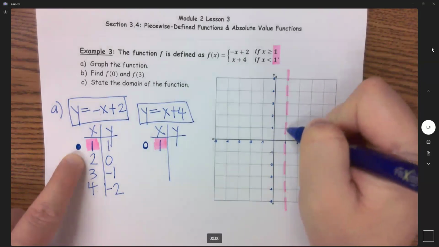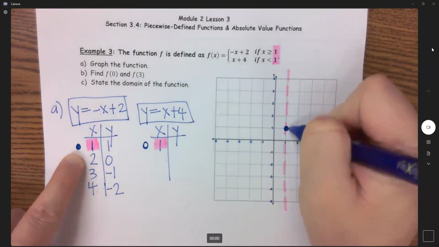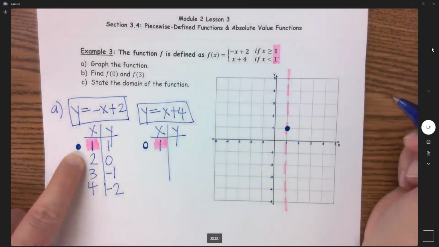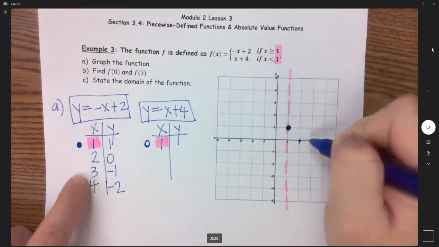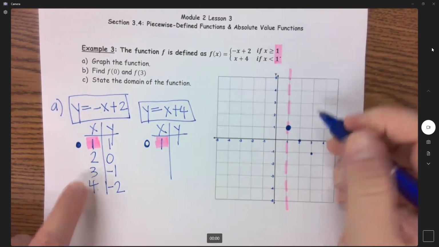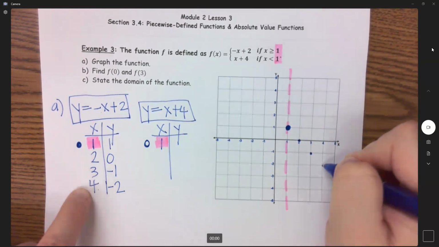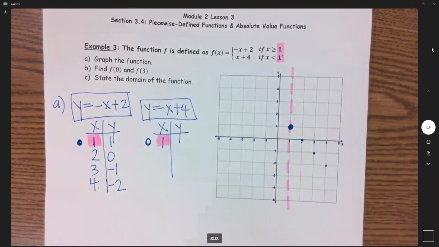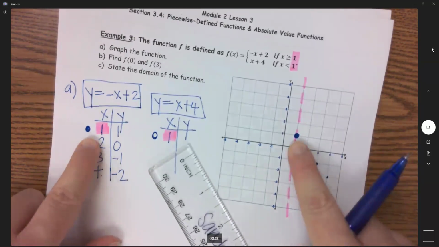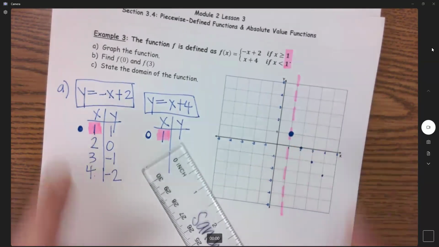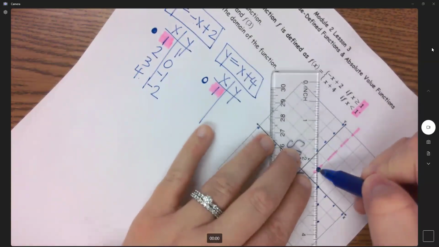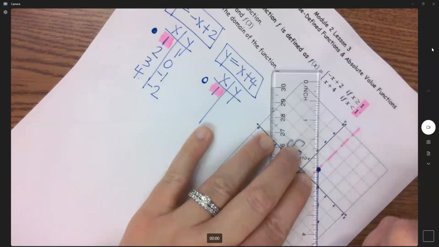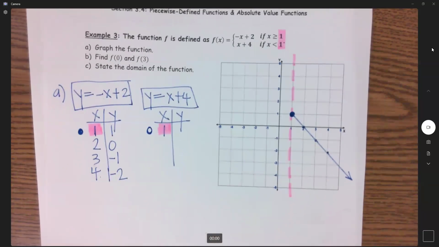So at 1, 1, we have a nice bold closed circle and then regular points from there on out. 2, 0, 3, negative 1, and 4, negative 2. So we are starting at that pink line, at that bold point, and going through our other points. Okay, so there is the right side of my graph.